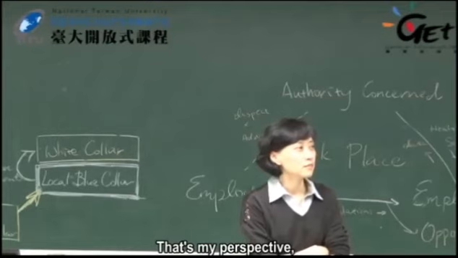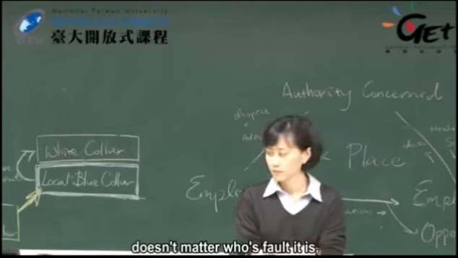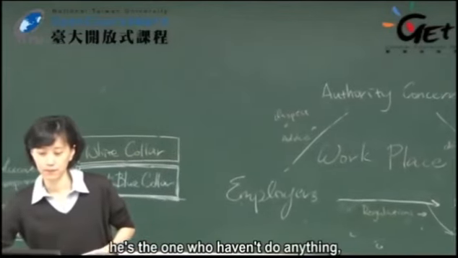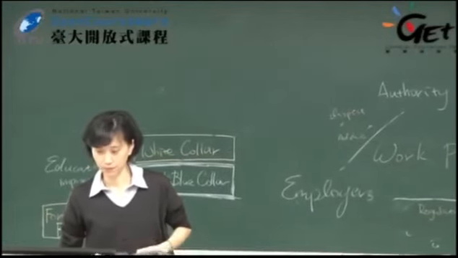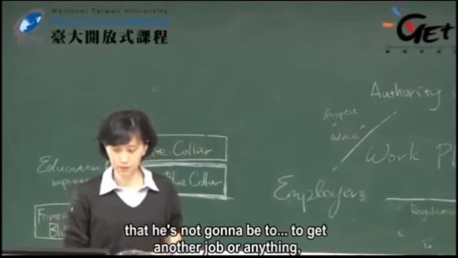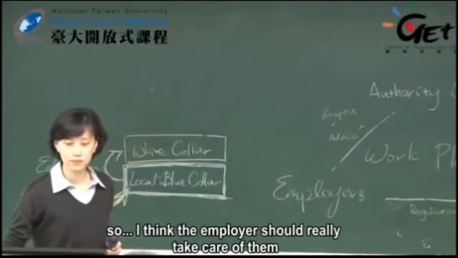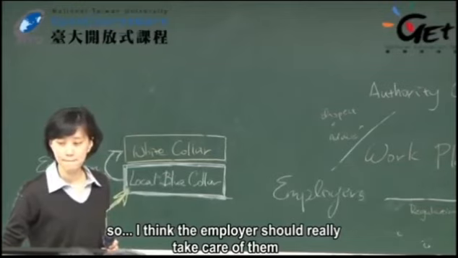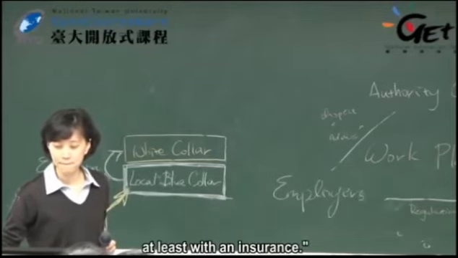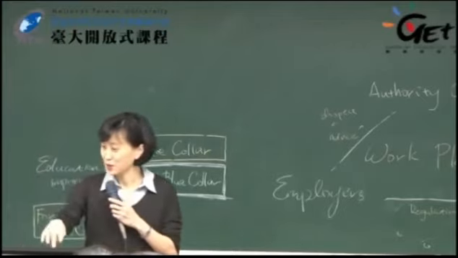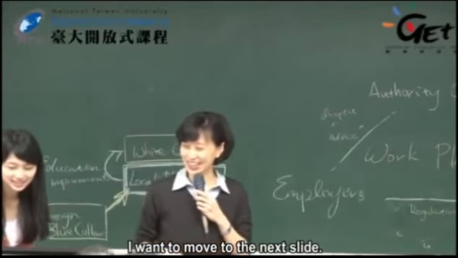It doesn't matter whose fault it is, but the worker afterwards is the one who cannot do anything, who is not going to be able to get another job. So I think the employers should really take care of that, at least with an insurance policy. Okay. I want to move to the next slide.